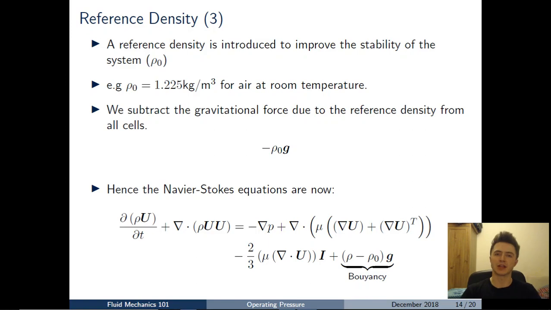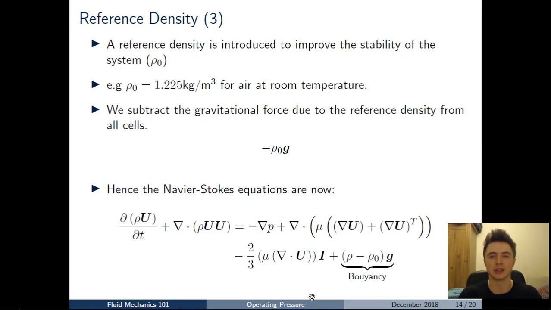So the way to think about this is that at every cell in the mesh we have a buoyancy force, and that will be given by, in this case, 1.225 plus some small fluctuation. And it's that fluctuation, it's the density change that drives the buoyancy force. And so the trick we use to stabilize the equations is to substitute that background value or that reference value of the density, so we're only dealing with those density fluctuations about the background value.